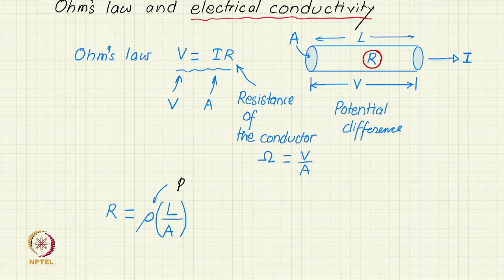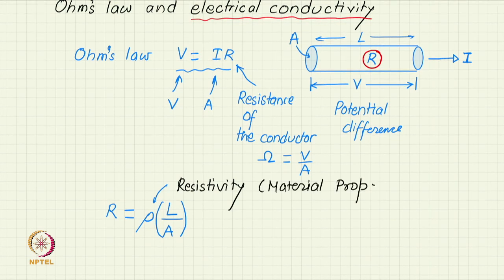This is resistivity, and this is a material property. So, since resistivity is a material property, resistance will depend upon length as well as the area of the conductor, but the resistivity depends only on the material.